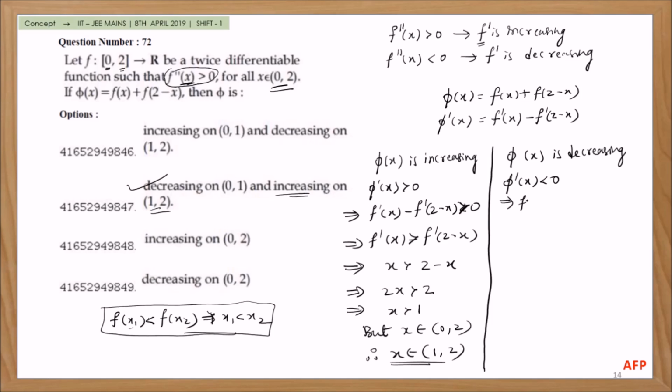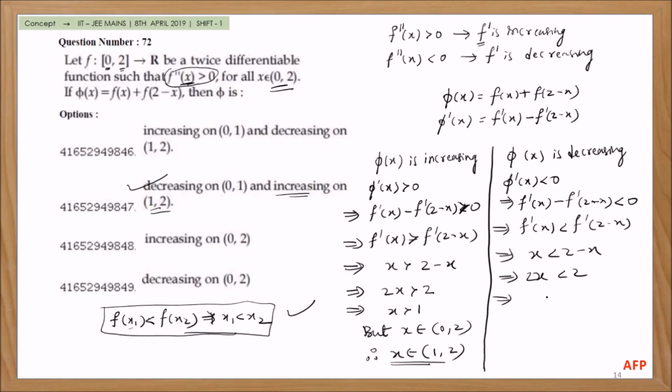Now psi dash of x, f dash of x minus f dash of 2 minus x, is less than 0. So this implies f dash of x is less than f dash of 2 minus x. I already said it is an increasing function, so x is less than 2 minus x. 2x is less than 2, so this implies x is less than 1.